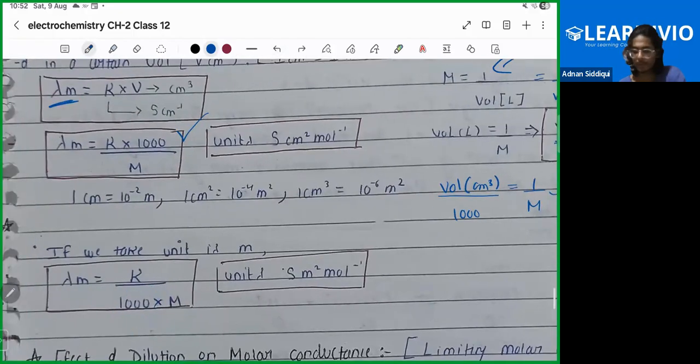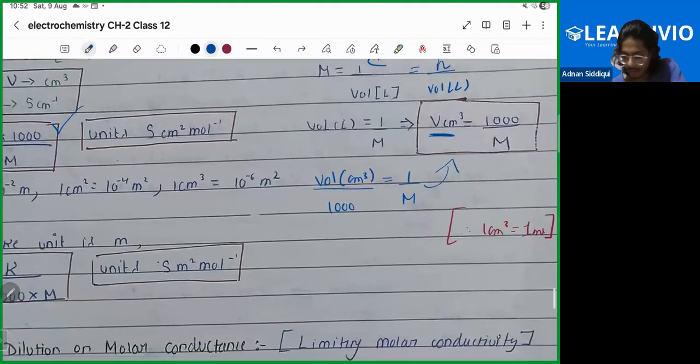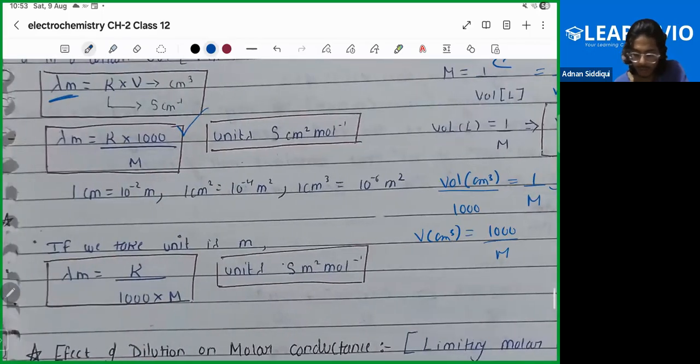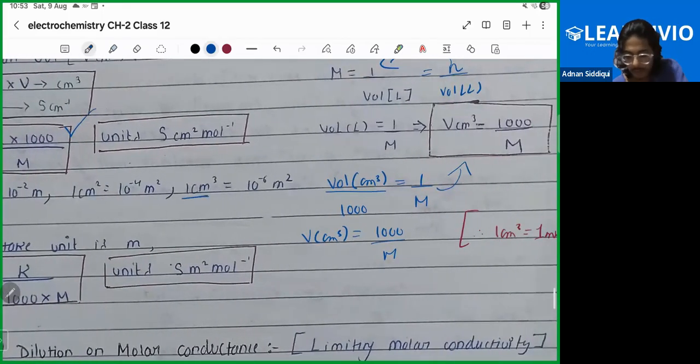It is very simple. See, here you have centimeter cube. This is your formula for volume in terms of centimeter cube. But what if they are giving it in terms of meter? How much is 1 centimeter cube?